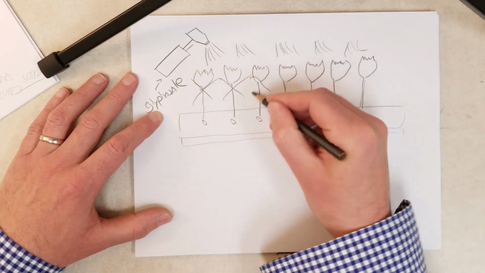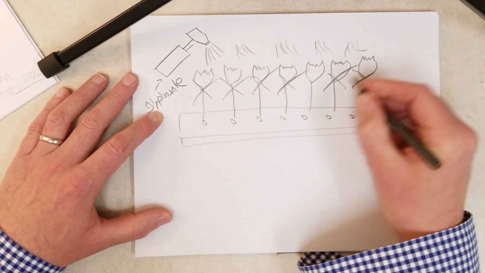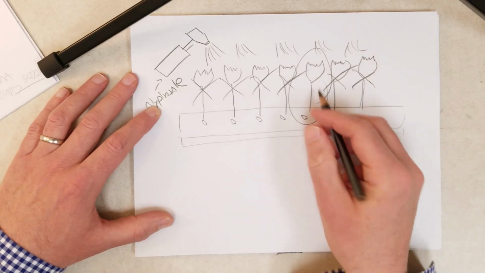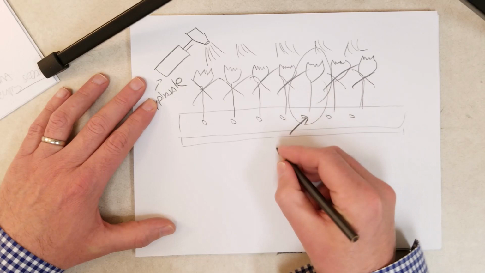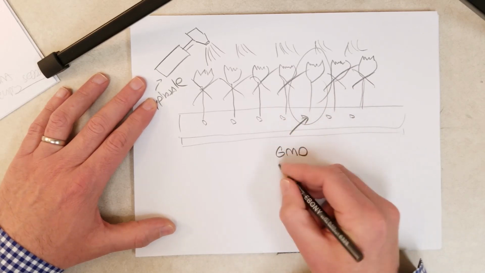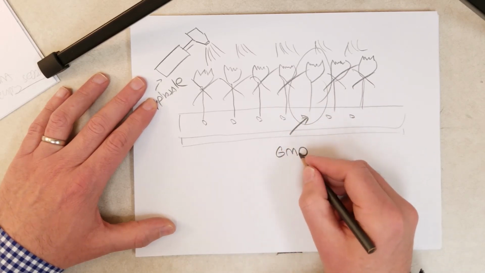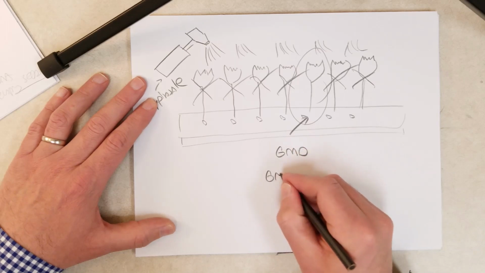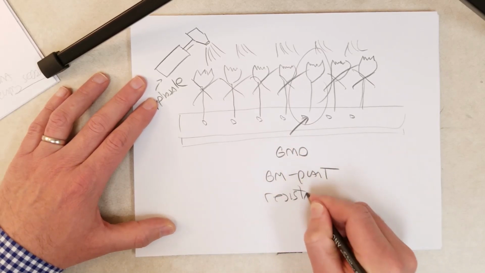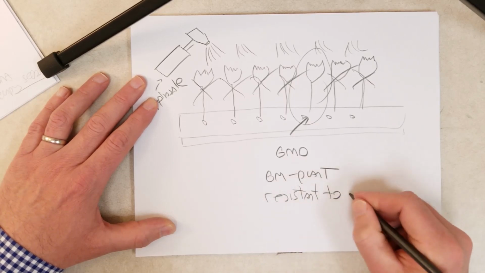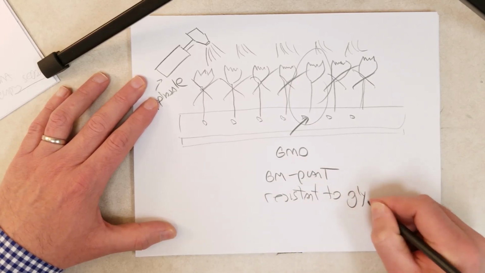And the plants that survive are the plants that have the tDNA integrated into the genome. So we have our GMO, genetically modified organism or genetically modified plant that is resistant to glyphosate.